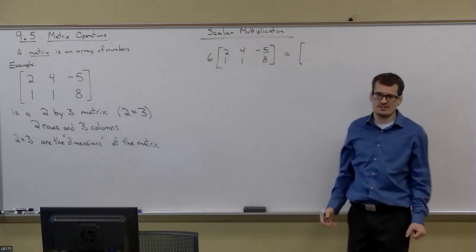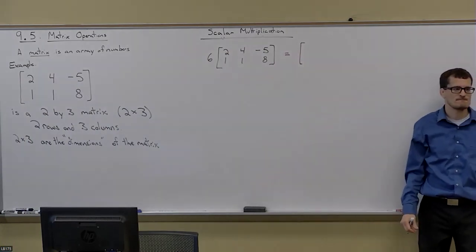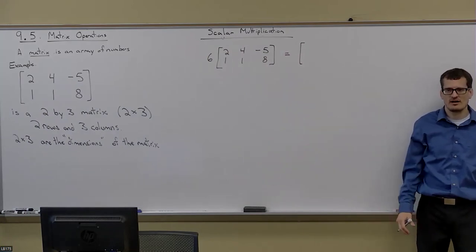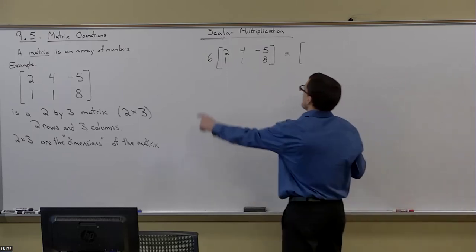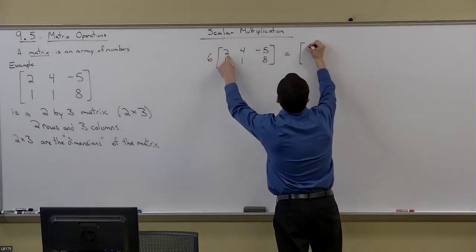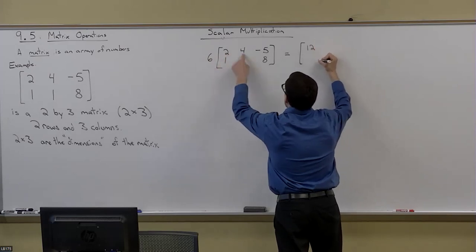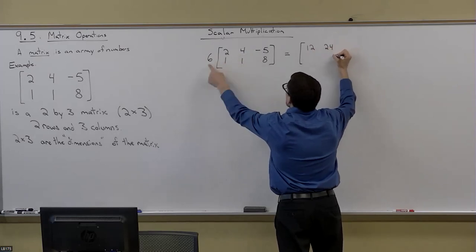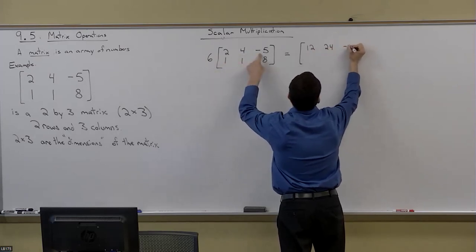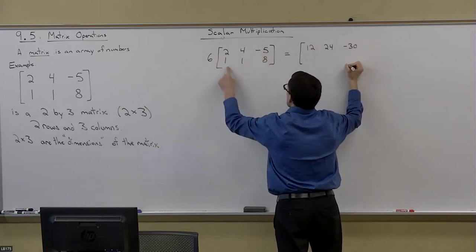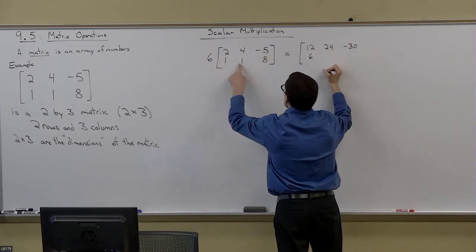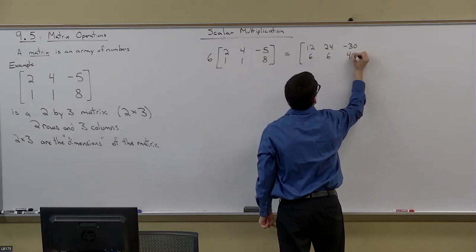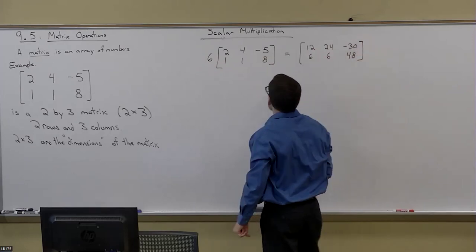What would you guess is going to happen? It'll distribute. Yeah, just distribute into every single entry of the matrix. So 6 times 2 gives me 12. 6 times 4 is 24. 6 times -5 is -30. 6 times 1 is 6. 6 times 1 is 6. 6 times 8. There we go.